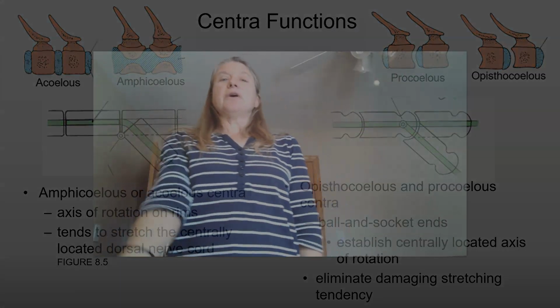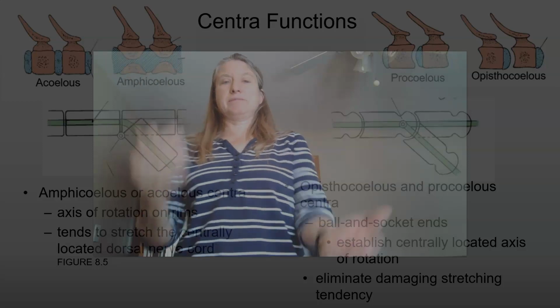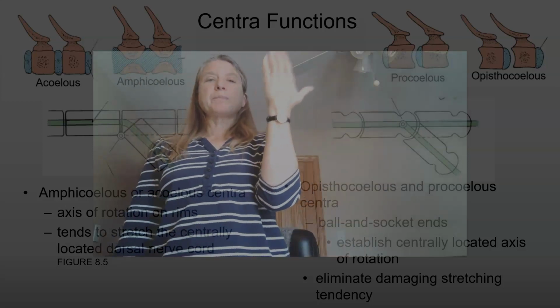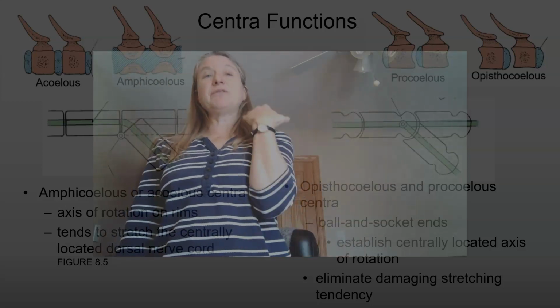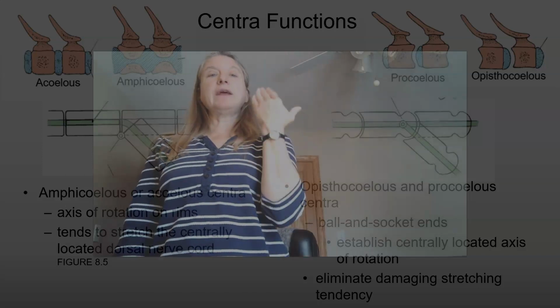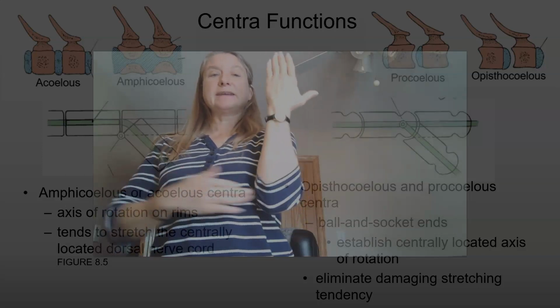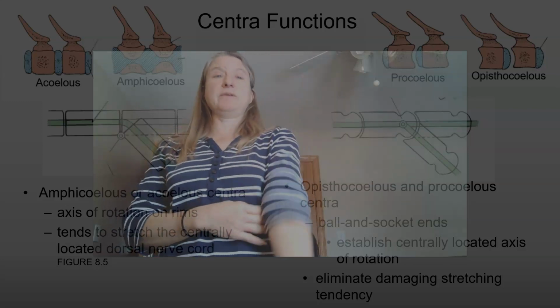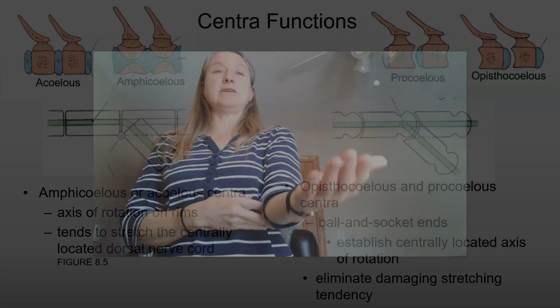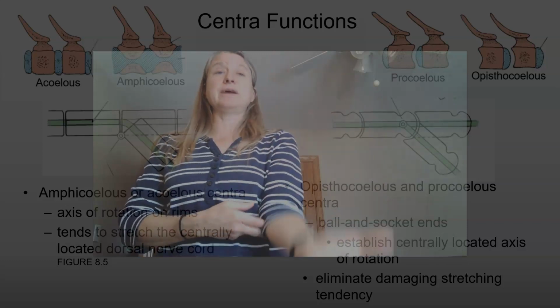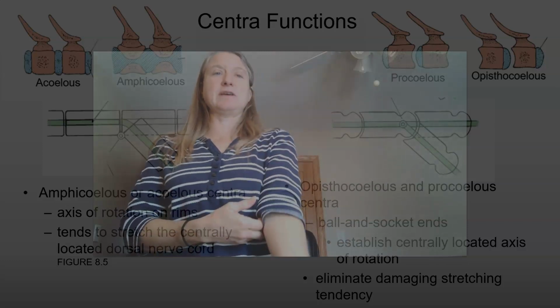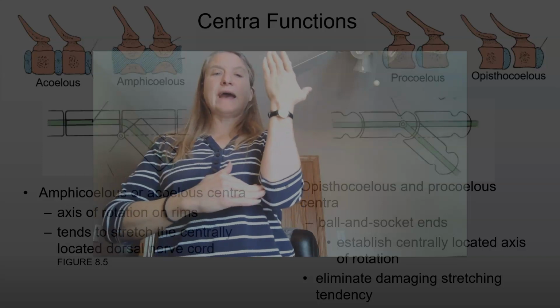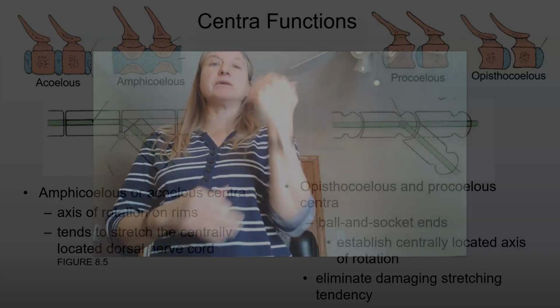All right, so if I'm going to do it with this hand, this is flexion and extension. So when I do flexion and extension, my axis of rotation comes through here. So if you're thinking about a hinge, right? If my elbow is the hinge of a door and my forearm is the door that's moving. So the axis of rotation is going right through the middle of that joint.